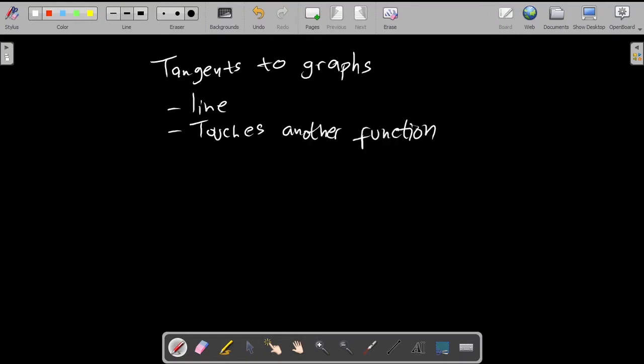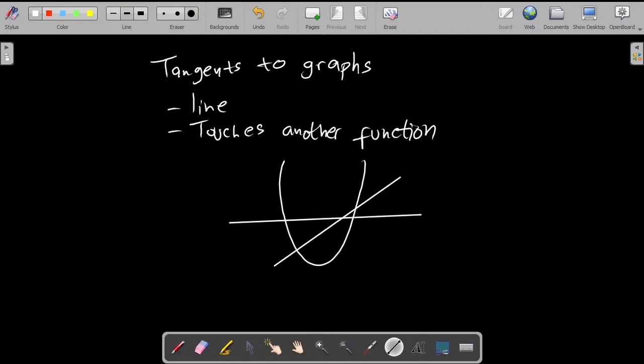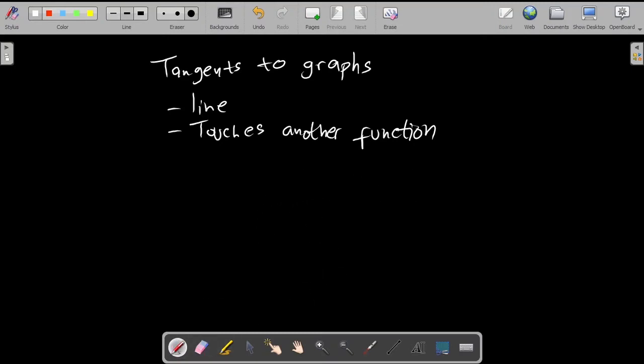Then one would ask, let's say, what exactly do you mean by it touches another function? If I have a straight line which passes through there, is it a tangent? If I have another line which passes through there, is it a tangent? And both of these are not tangents, and here's why. We have to further specify how this line basically touches another function.